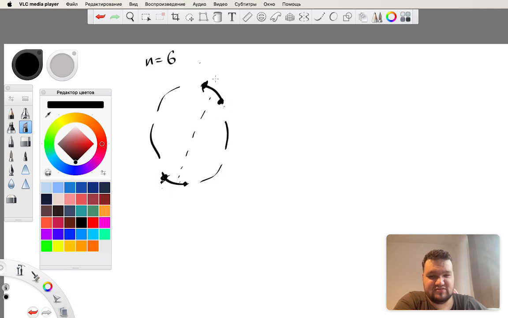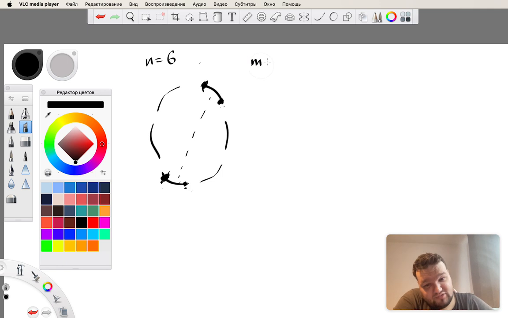If we want this one, then just don't do anything. Otherwise, we swap them, and this one will get this one in pair, and this one will get that one. And then we do it independently for every pair.